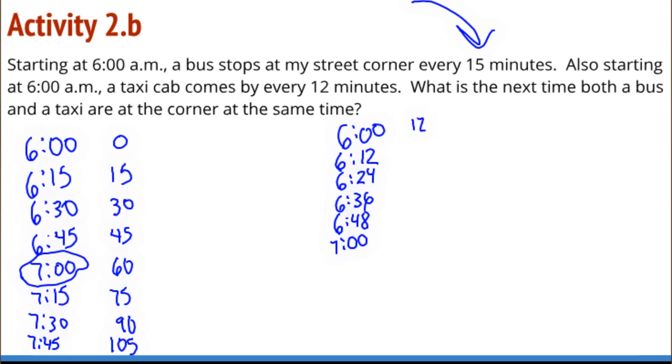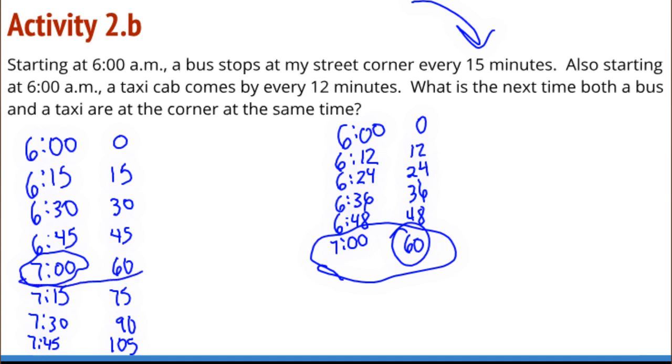Oh, we start at 0. 0 minutes have gone by. 12 minutes have gone by. 24 minutes have gone by. 36, 48, and 60 minutes have gone by. So 60 minutes will pass until they are both there again. So the next time they'll both come by is 7 o'clock.